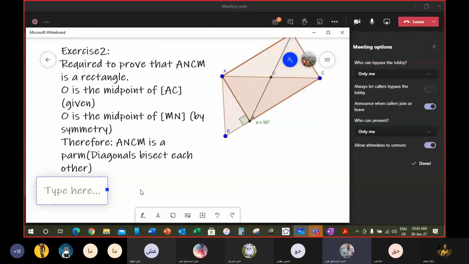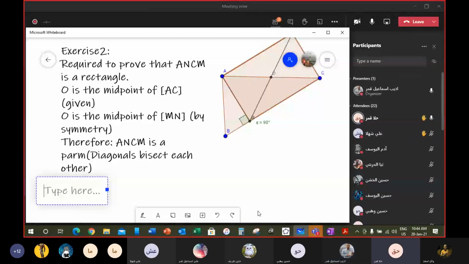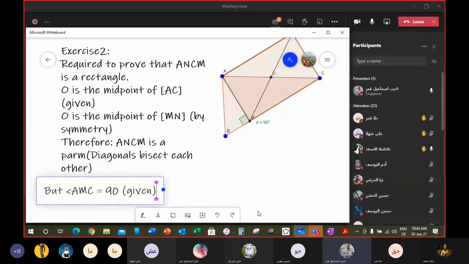How do we prove that this parallelogram is a rectangle? One angle equals 90 degrees. Angle AMC equals 90 degrees. Why? Given, because AM is the altitude, the height, so it makes 90 degrees with the base BC.